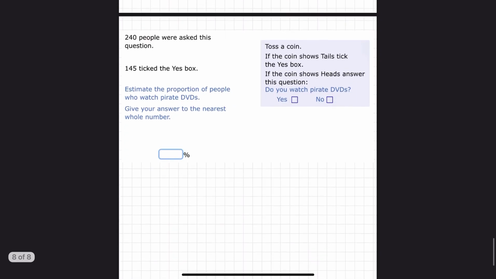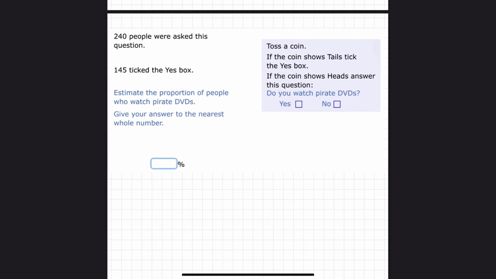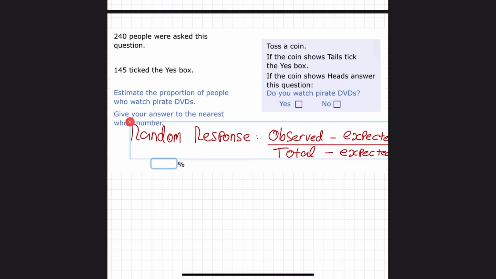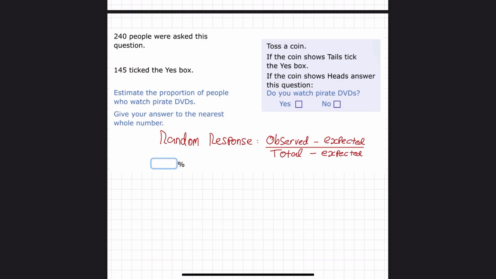And let's have a look at a final example using the formula observed minus expected over total minus expected. So observed, 145 people tick the yes box, and we expect half of the 240 people to have just ticked the yes because they've landed on a tails, because we know the tails is a half chance.